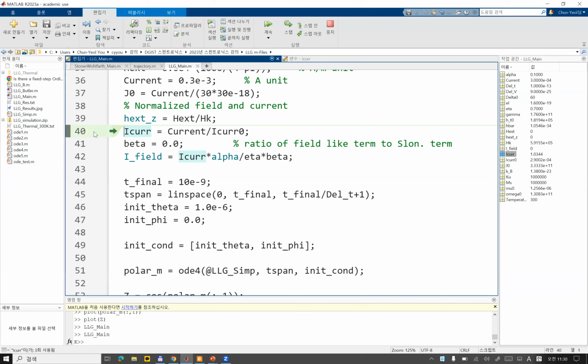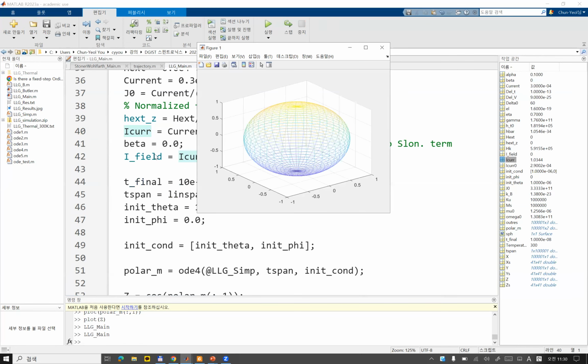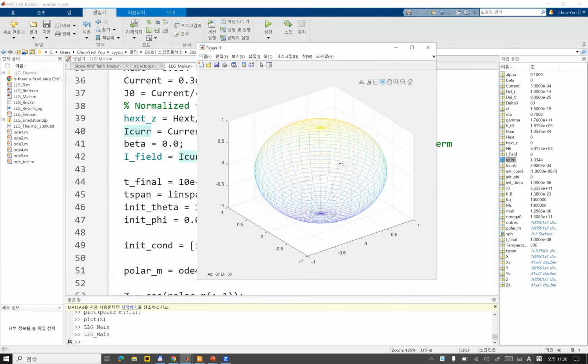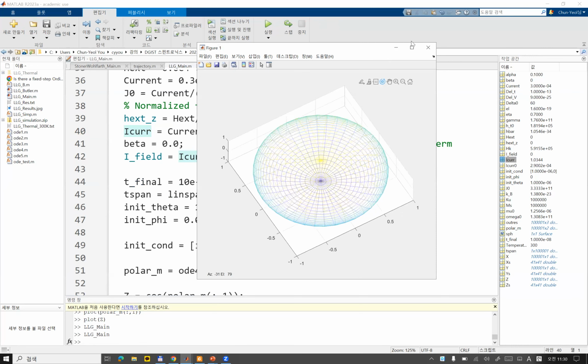It's going to take a little bit of time. If we were using a desktop, it would be much faster. Okay, here. You cannot see any motion of the moment. Nothing happens.